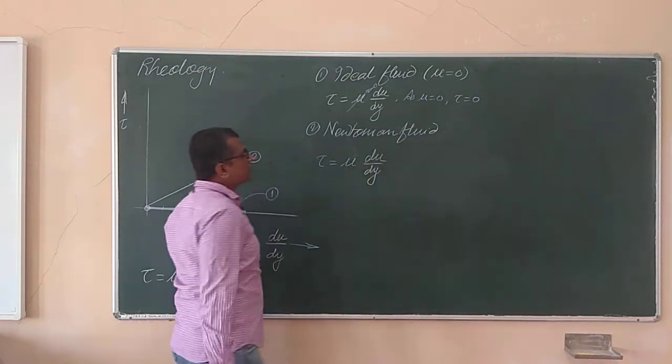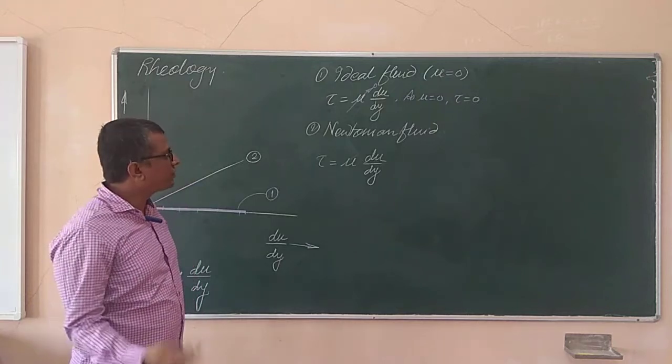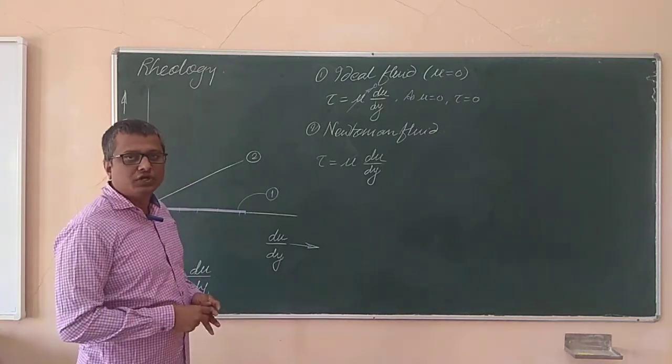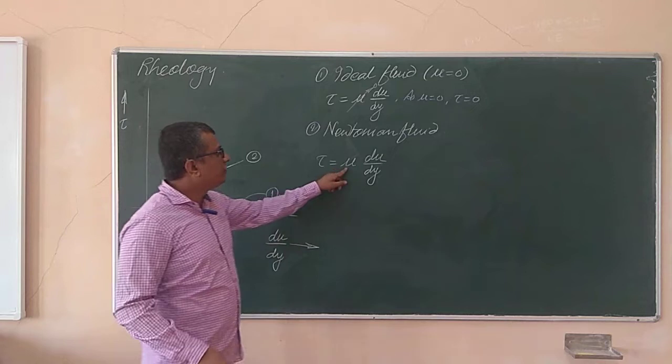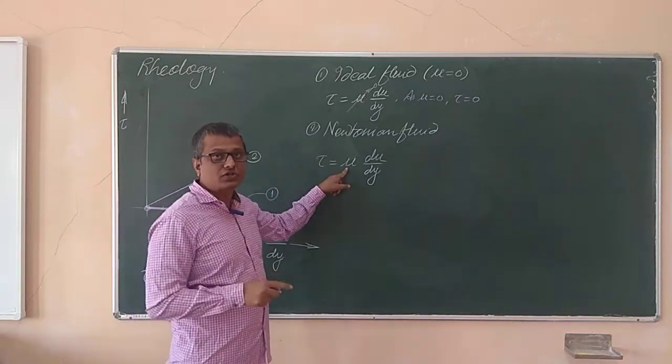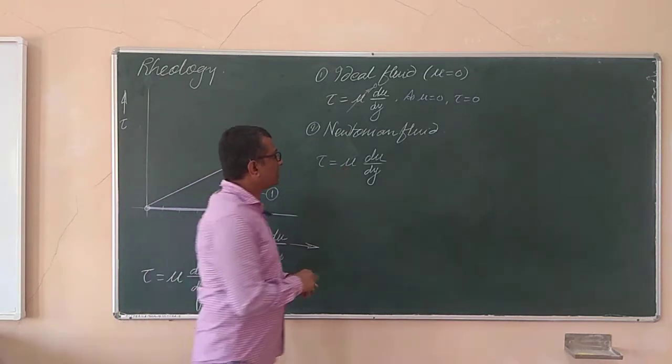If we keep the rest of the physical parameters constant, that is pressure, temperature and the rest of the physical properties of the fluid, then I can say mu, that is the dynamic viscosity of the fluid, is constant.